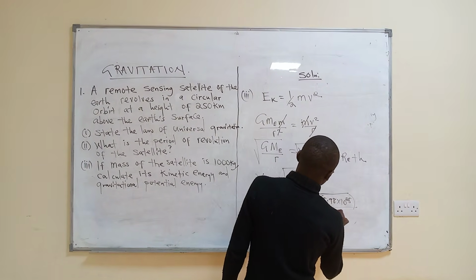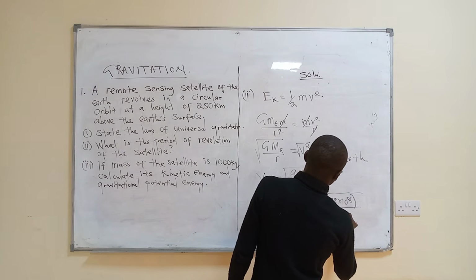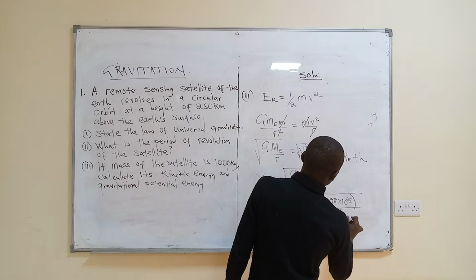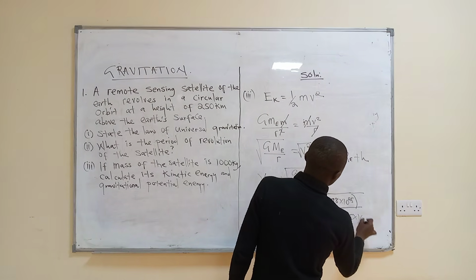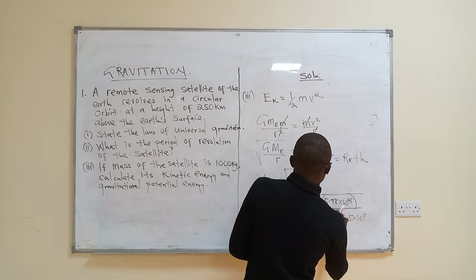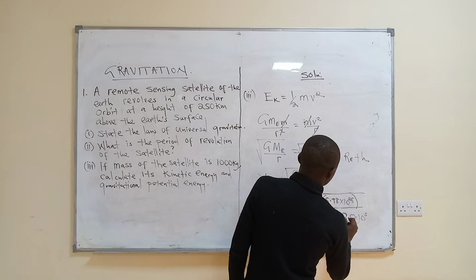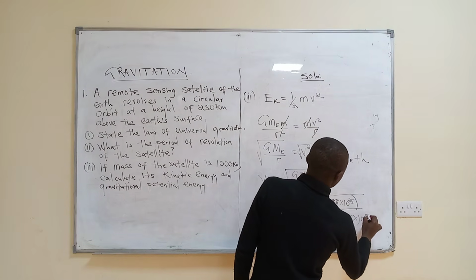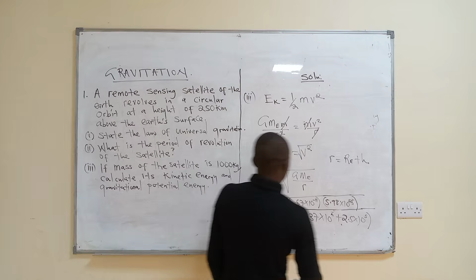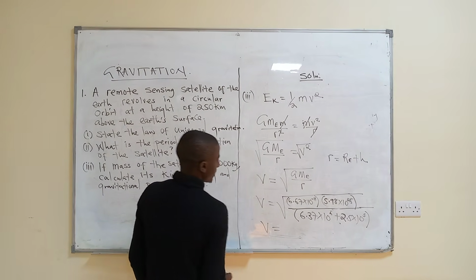The height was 2.5 times 10 to the power 5 also. You are adding. So from there, if you simplify everything, what is your final velocity?